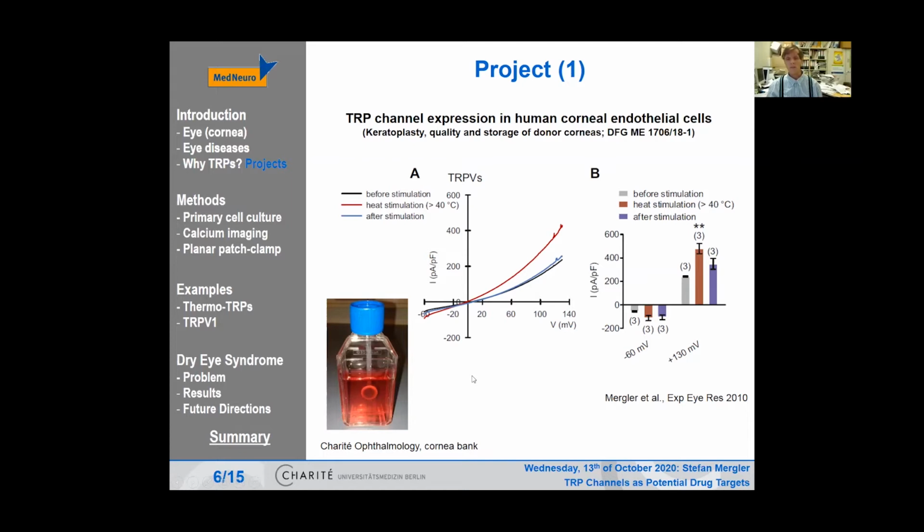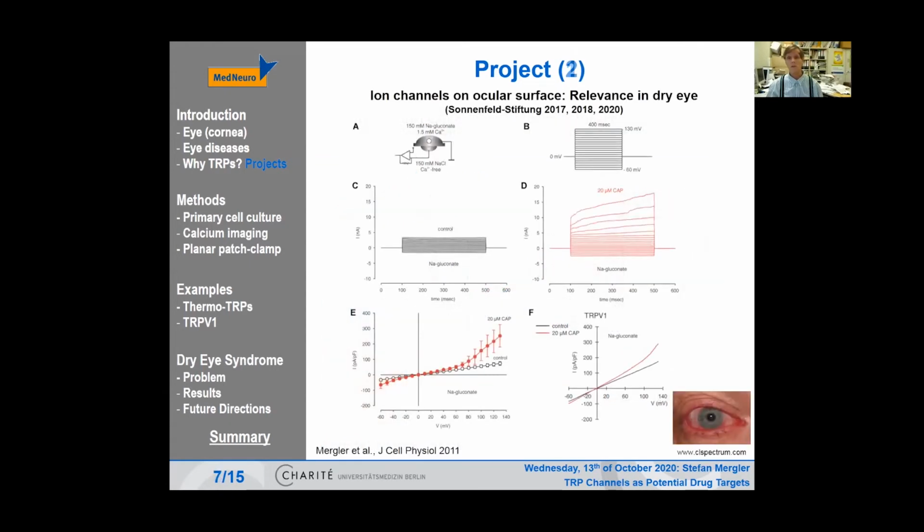They do some simple stainings checking for apoptotic cells, and they check the density. These are the only two parameters, by the way. I am using the Nanion technology, a very interesting technique for high throughput measurement, to assess the quality of donor corneas in terms of channel activity. We know there are some publications demonstrating an association between apoptosis and TRP channels. This is one project. Another project focuses on the eye surface cells, especially cornea epithelial cells.